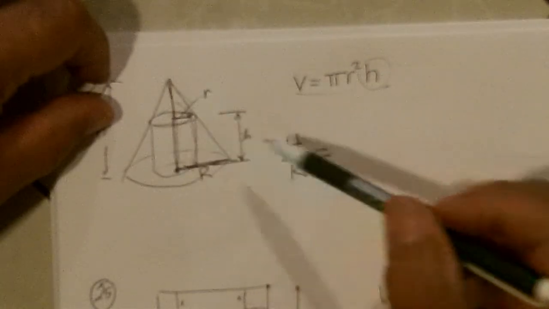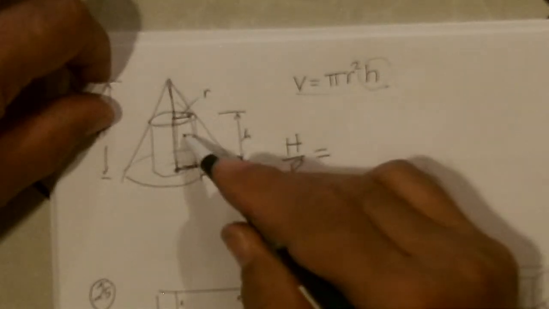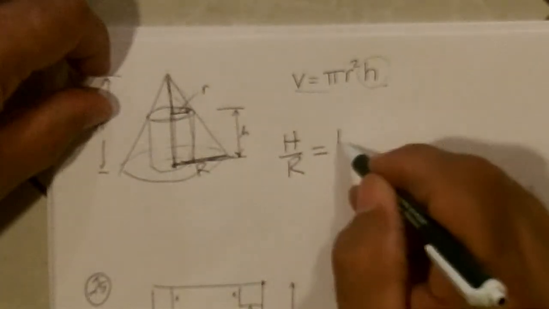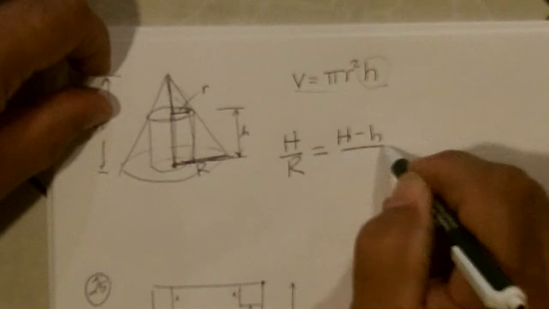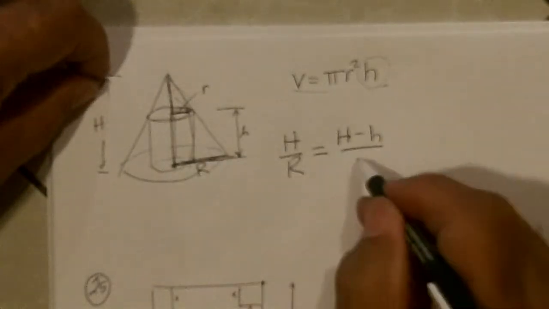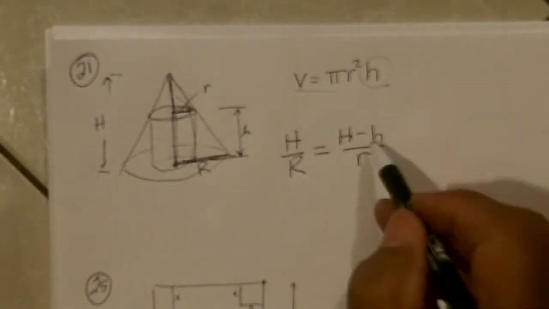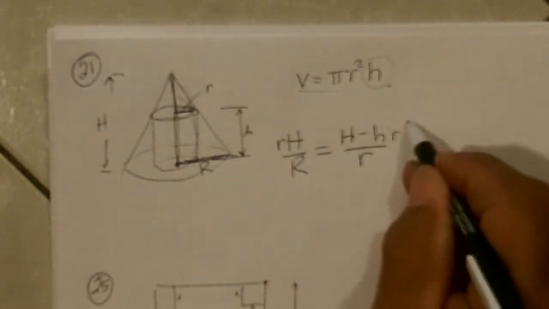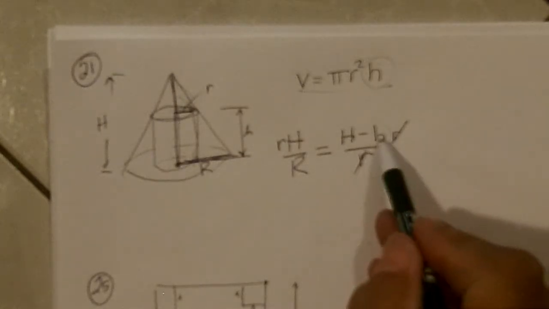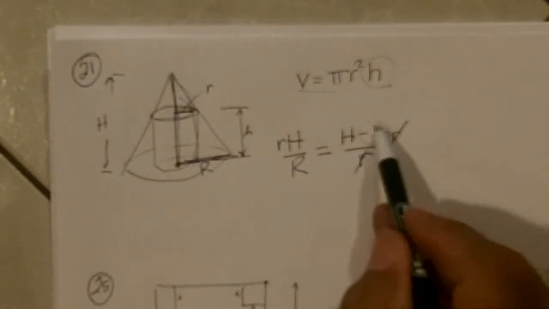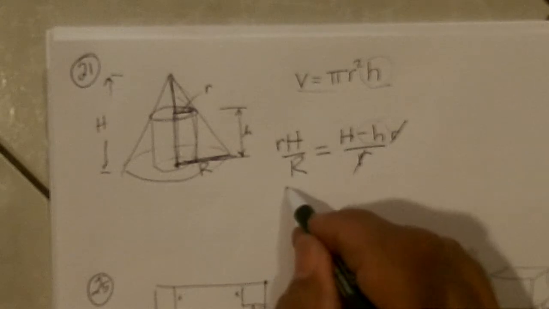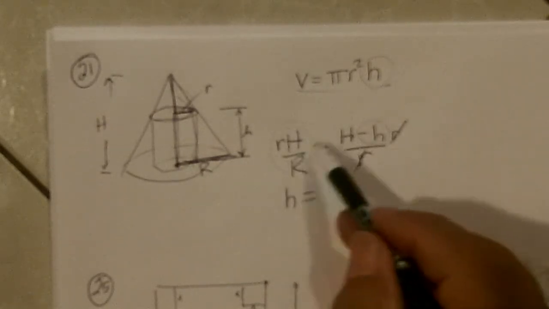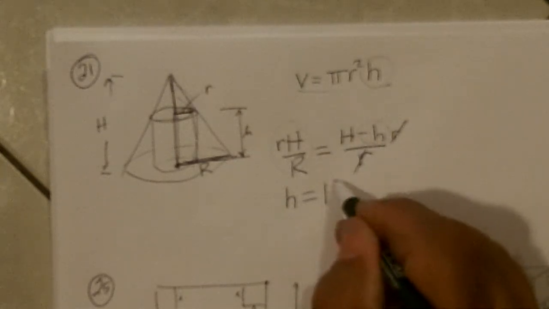Since similar triangles are proportional, we can use capital H minus h over little r. And we're trying to solve for h, so I'll multiply by little r. Then I'm going to add h to both sides so it becomes positive, and subtract this from both sides, so it's taken away from the capital H.